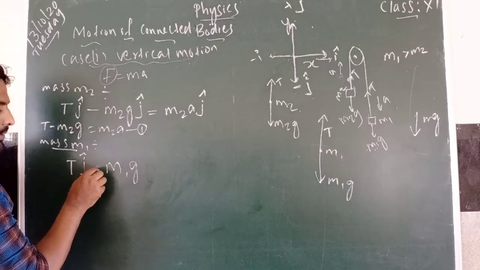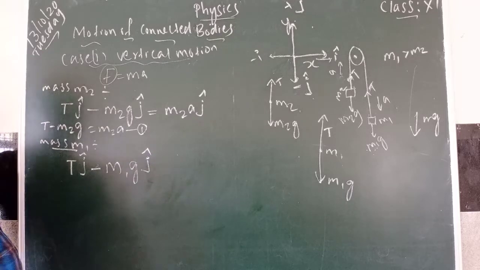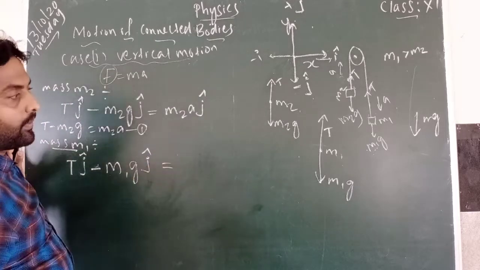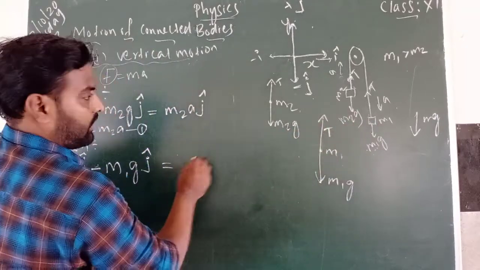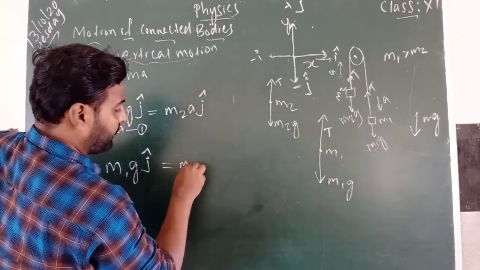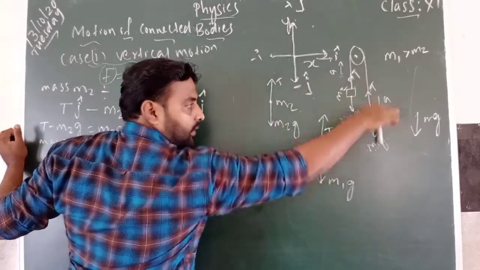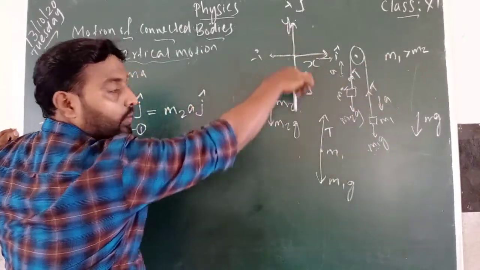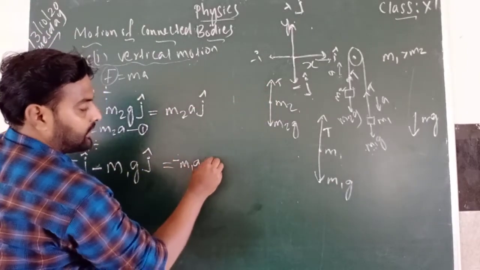So plus m1g into minus j equals ma, where m is m1 and the acceleration. Which direction is the acceleration? Downward. Downward means minus j.